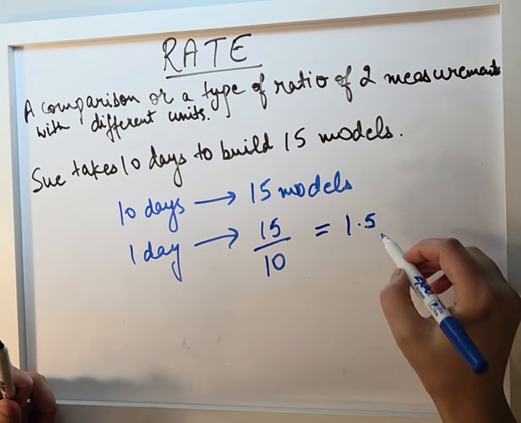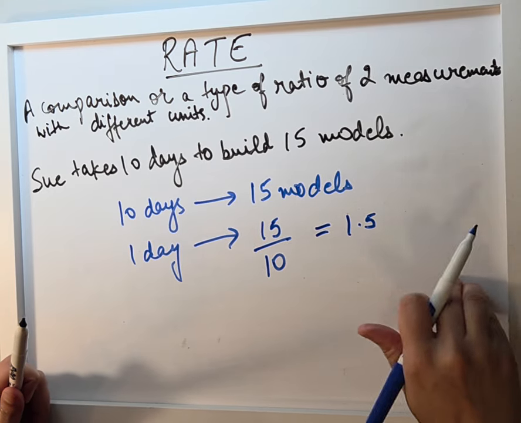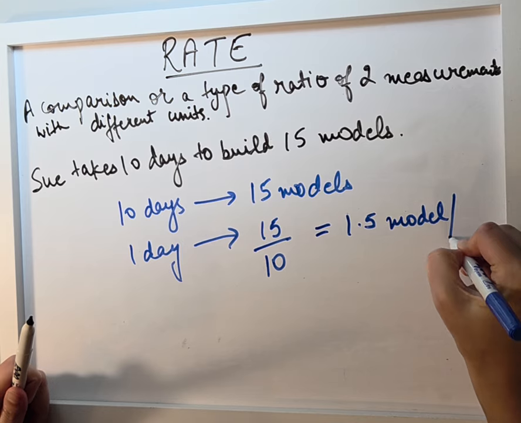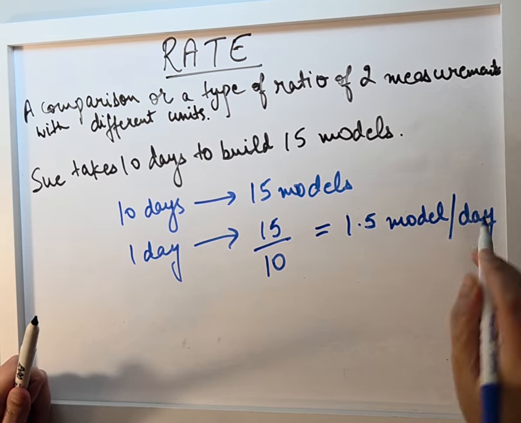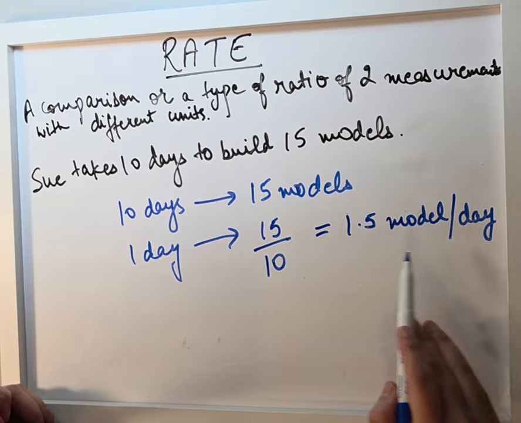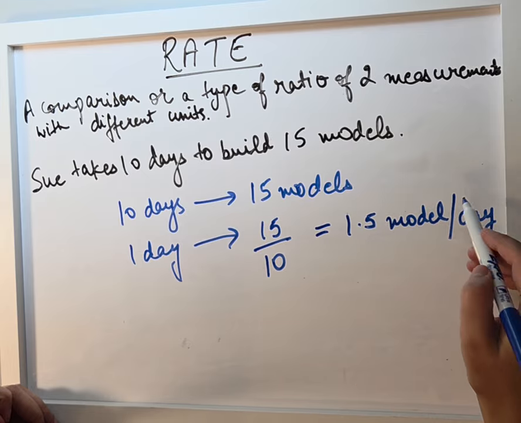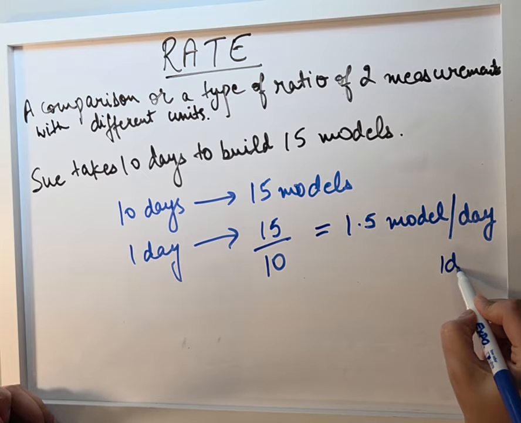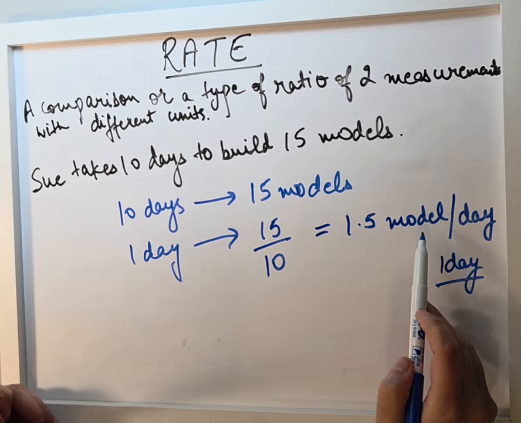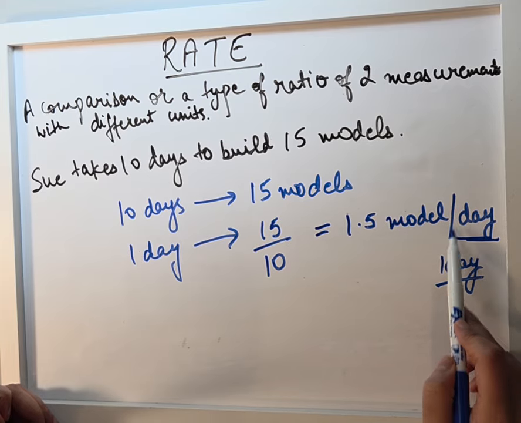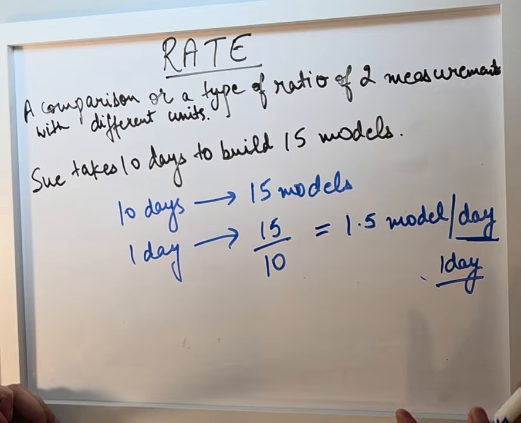So how do we represent the rate? We say 1.5 models per day. When we write slash day, it automatically means per one day, so we don't necessarily write the one.